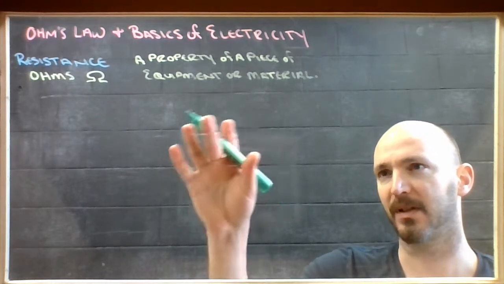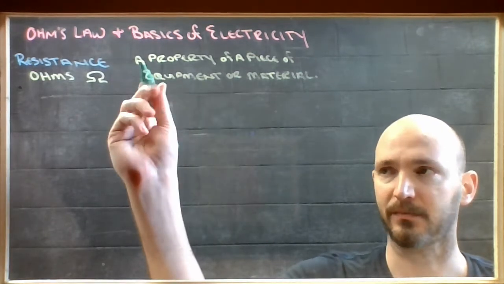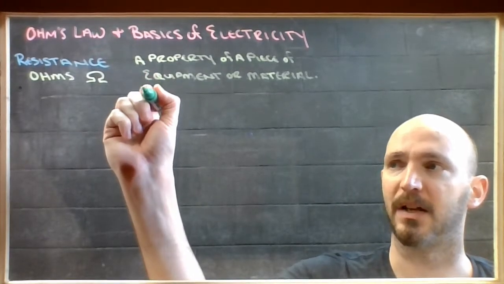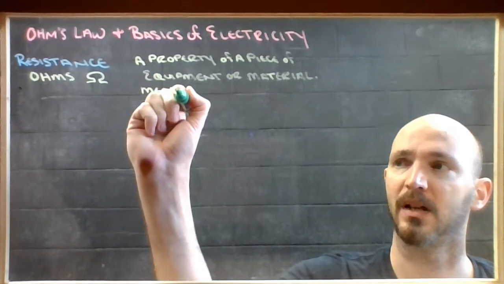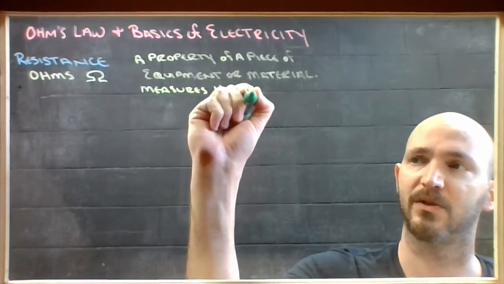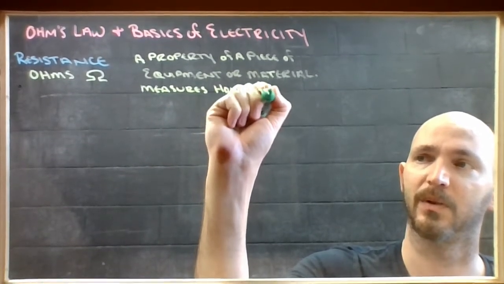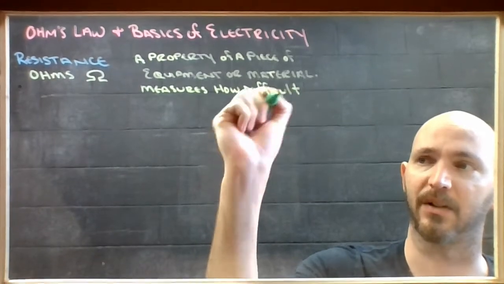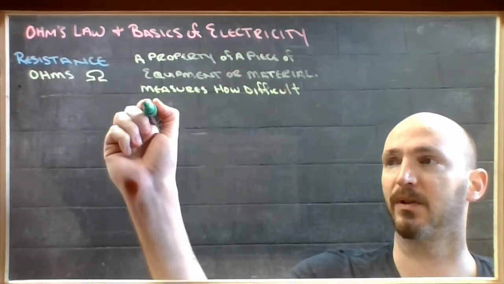So a property of a piece of equipment or material, and measures how difficult it is to drive current through that material or object. How difficult to drive current.